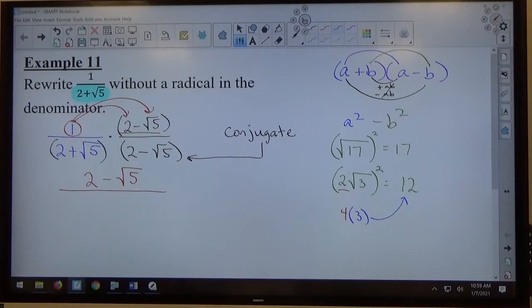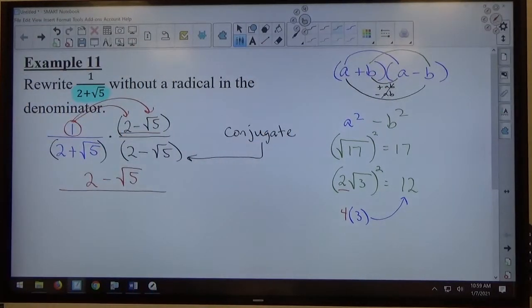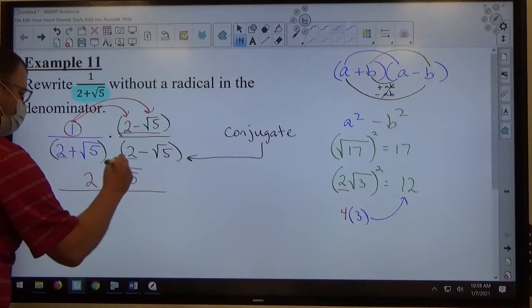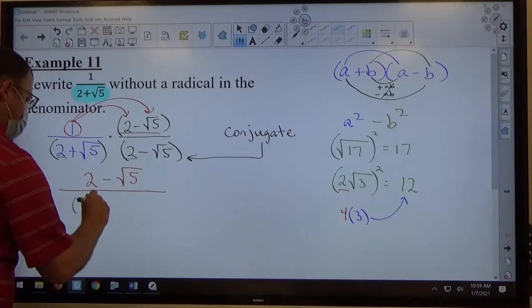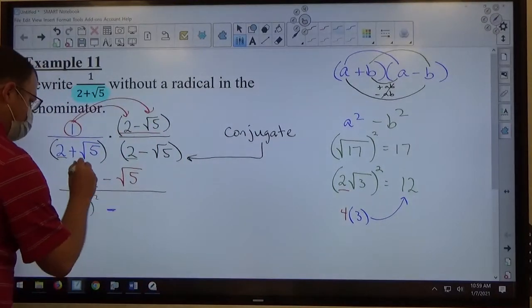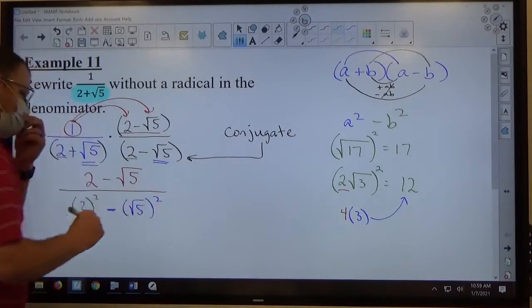On the bottom, I have this difference of squares structure. Again, this is the same structure as that. And what the difference of squares structure says is what I should get out of this is the first number squared minus the second number squared.